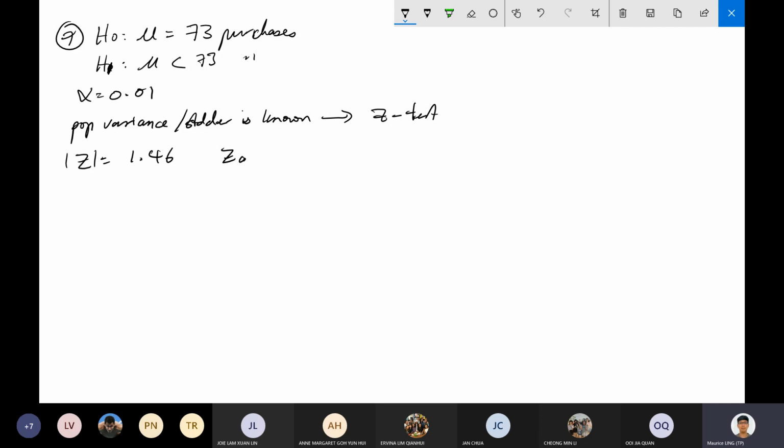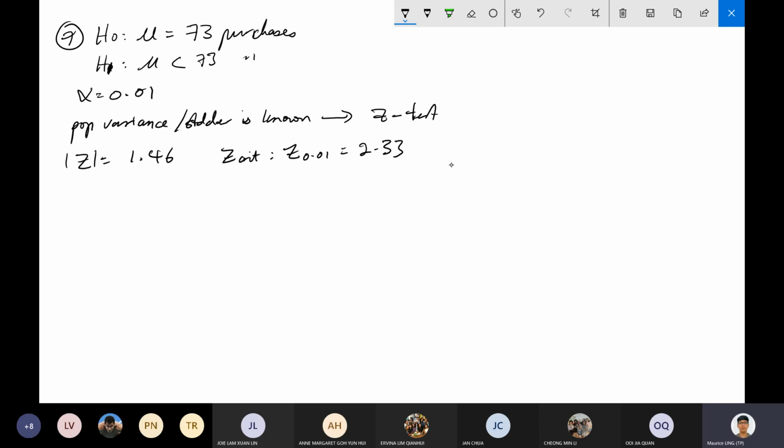Z critical, which is Z 0.01, is 2.33. Based on this, do you accept or reject the null hypothesis? Accept. Because even if both are there with the minus, it's still accept.